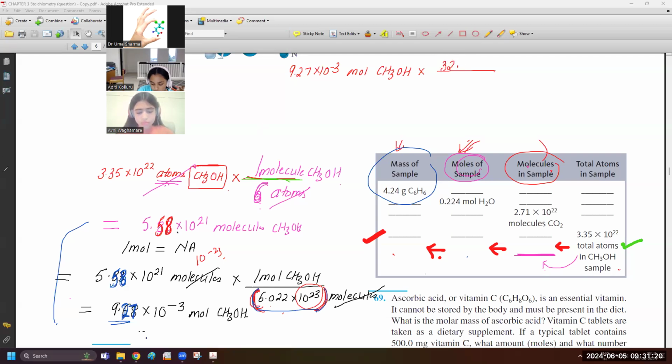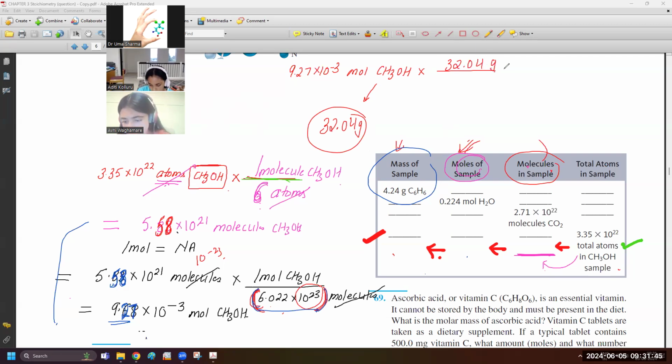32 point something units will be. So what should I plug in the numerator? Molar mass, Aditi, I calculated. Avni also calculated 32.04 grams. So what should I plug in the numerator? Yes, unit is correct. Molar mass in the numerator, that is 32.04 gram.